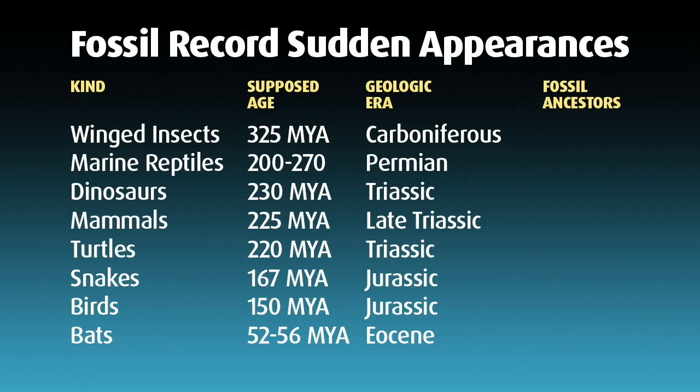Mammals from 225 million years ago. Turtles from 220 million years ago. Snakes all of a sudden appear in the fossil record at 167 million years ago. Birds suddenly appear 150 million years ago. And bats suddenly appear at 52 to 56 million years ago. And how many of those had fossil ancestors? None of them.